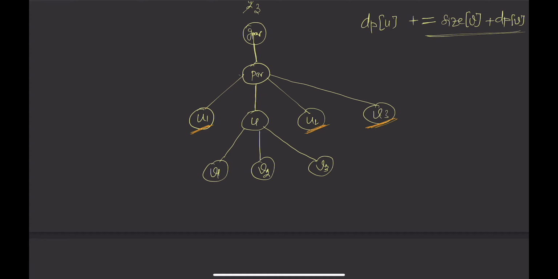Because of this edge, and again this one also, and whatever value I want to find for u is already present here.